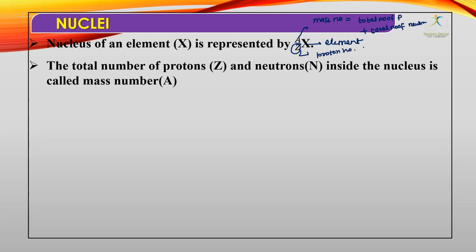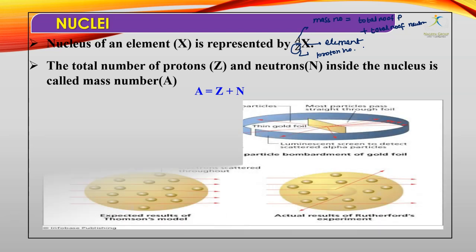So the total number of protons Z and neutrons N inside the nucleus is called the mass number, which we say is A. So A equals Z plus N.